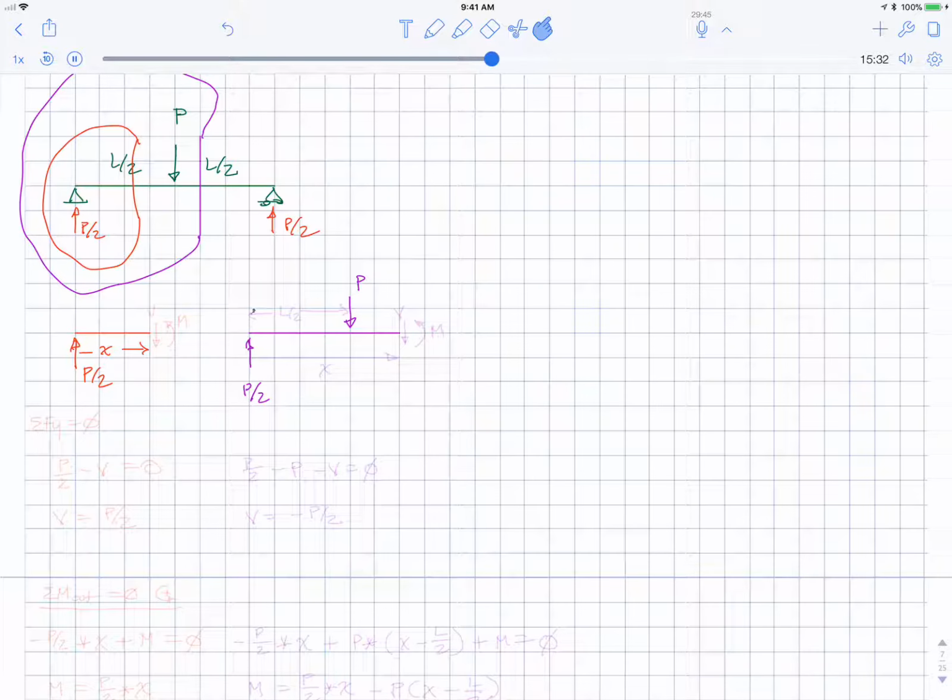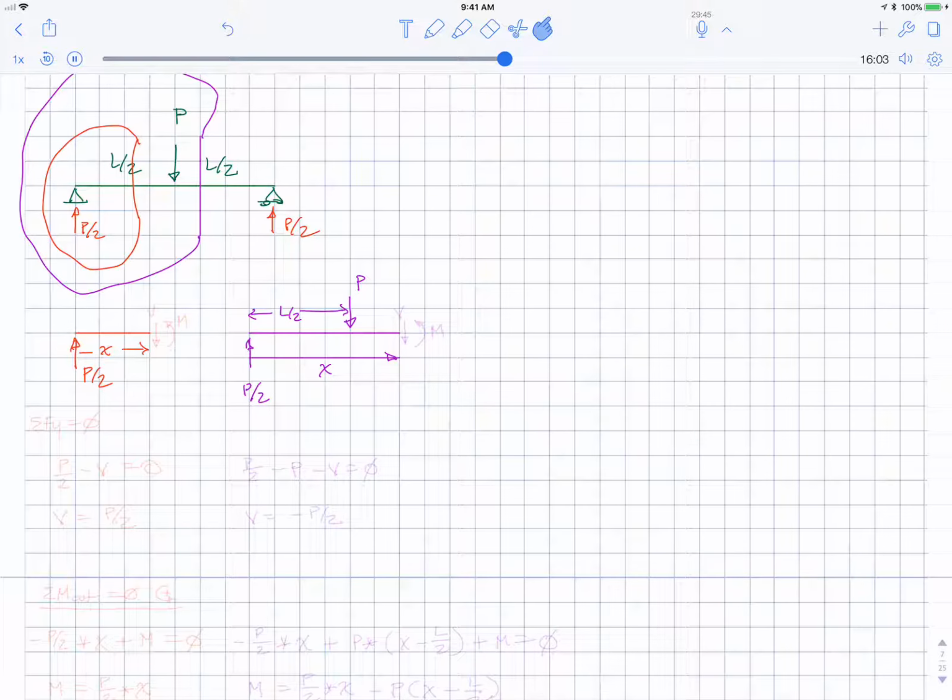This distance here is L over 2 to the P, and the distance to the cut is this X. What this means is that we'll have two different answers depending if we are to the left of P, or X is less than L over 2, or if we're to the right of P, that is, X is greater than L over 2.